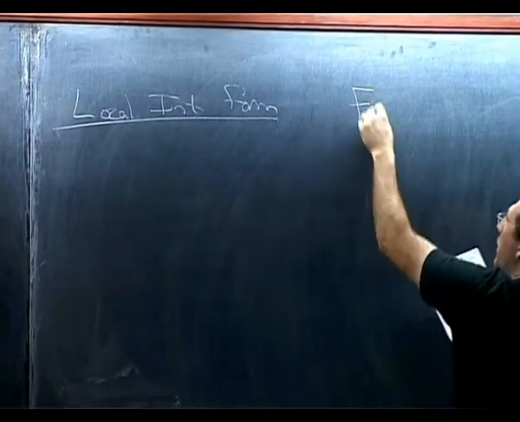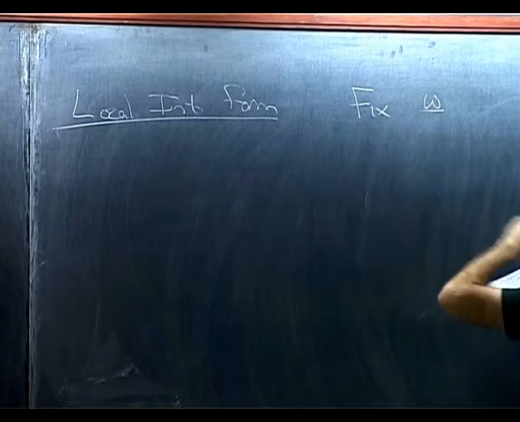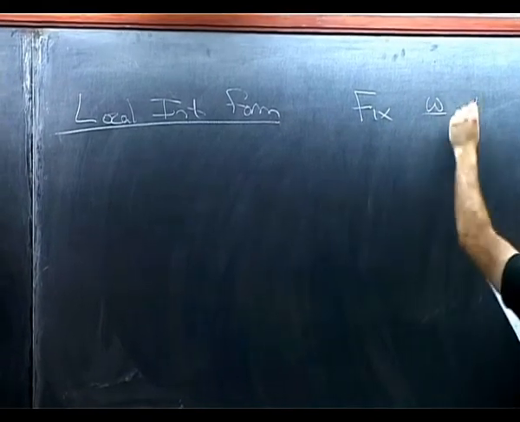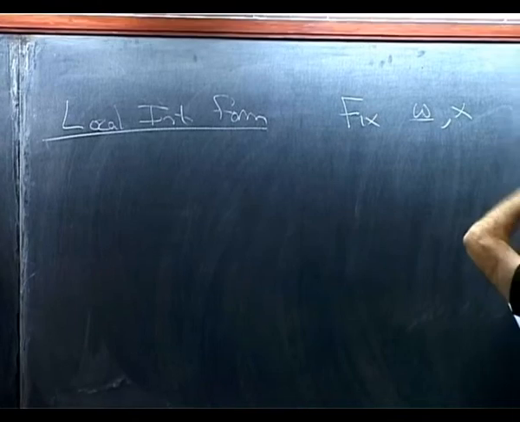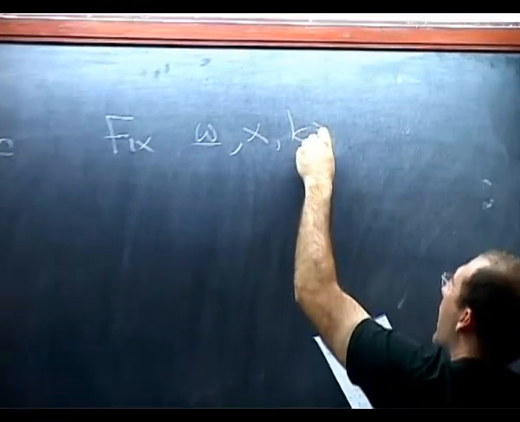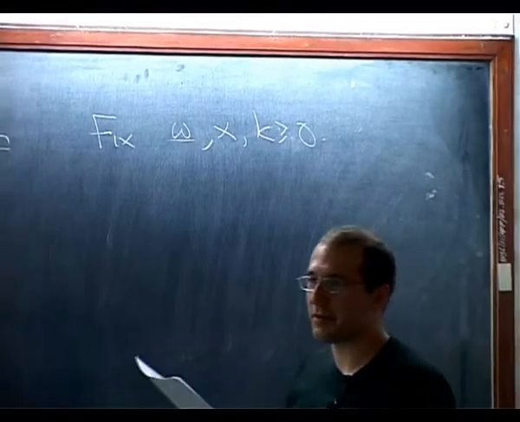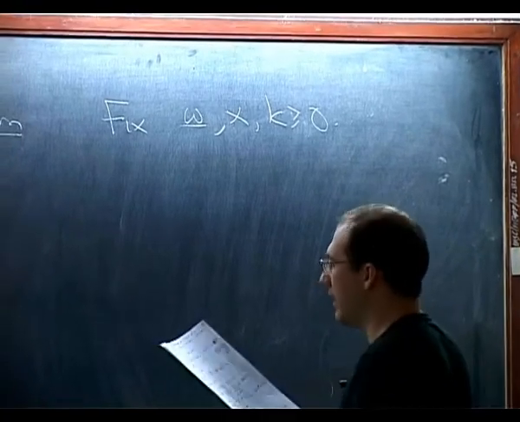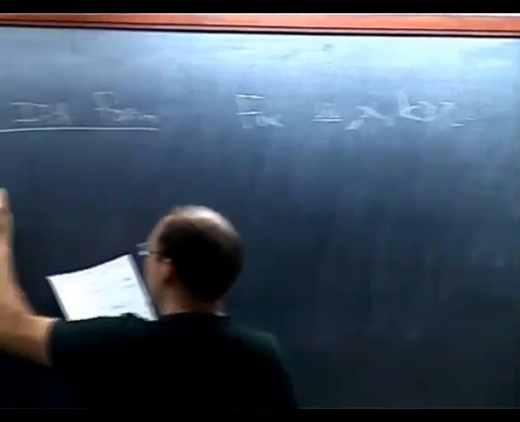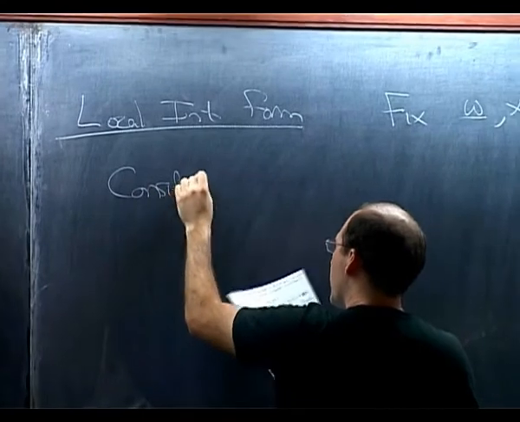So what we're going to do is fix an arbitrary expression and an element in W, and K being equal to 0. Consider the following pairing.